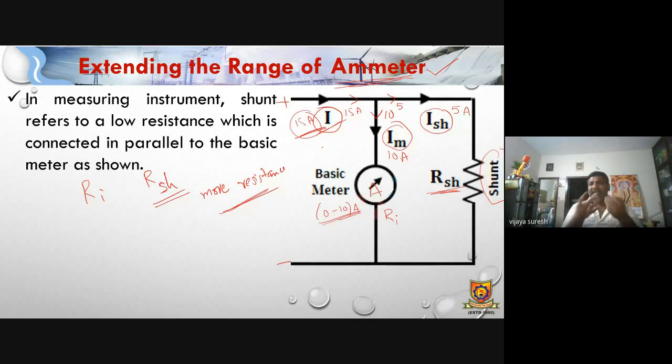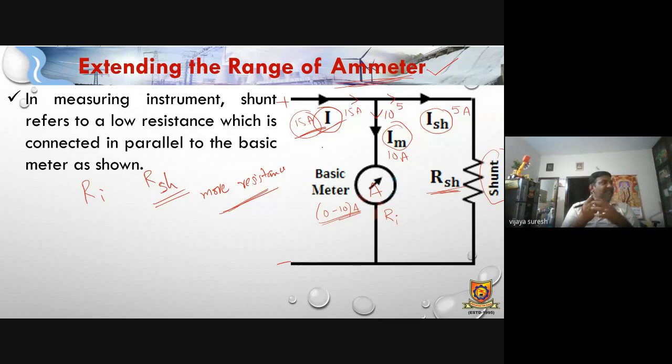So the current will always choose the low resistance path. Then will the 15 amps current flow through RSH or Ri? Ri only, obviously, because Ri is less. So far around 10 members have responded.